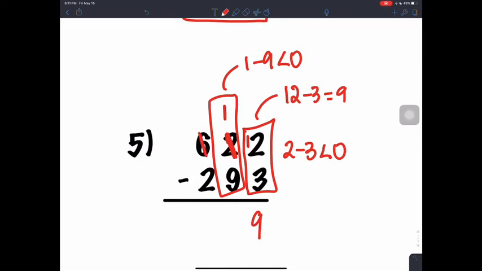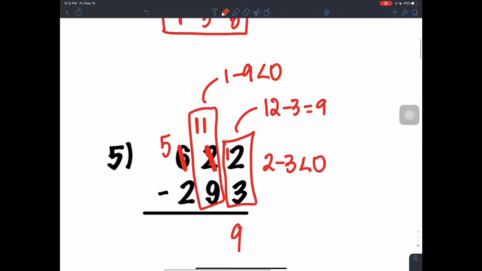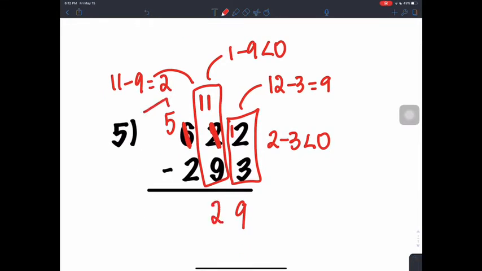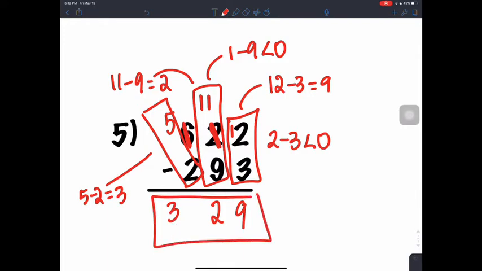So again, we're taking 1 from this number, and then that 1 turns this into 11. So now we have 11 minus 9, which gives us 2. And then in this column, we have 5 minus 2, which gives us 3. And then we have 329 as our answer.